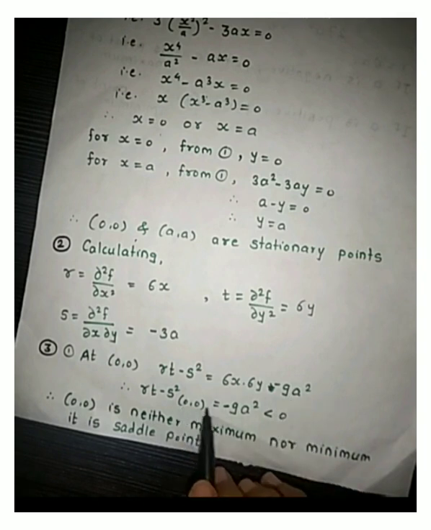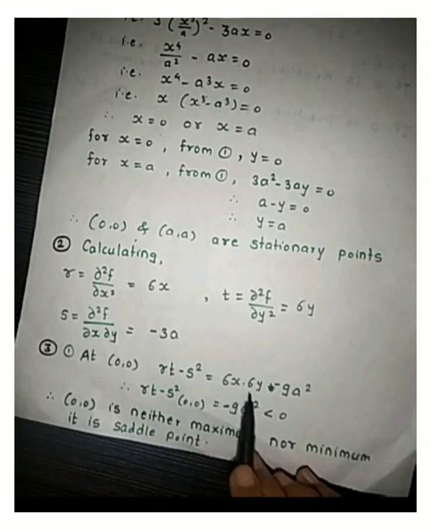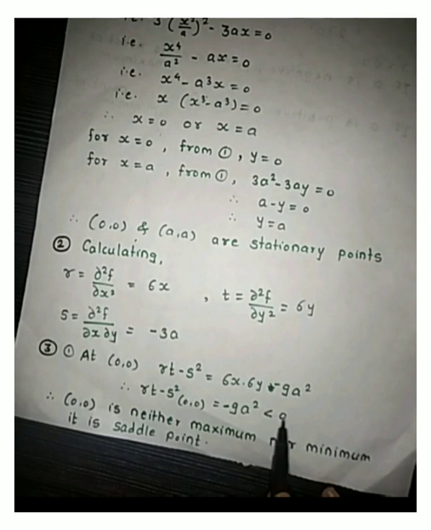At point (0, 0), x is 0 and y is 0, therefore this term will be 0, and its value is minus 9a square, which is less than 0. And we have written in our working rule that if rt minus s square is less than 0, then (0, 0) is neither maximum nor minimum, which is a saddle point.